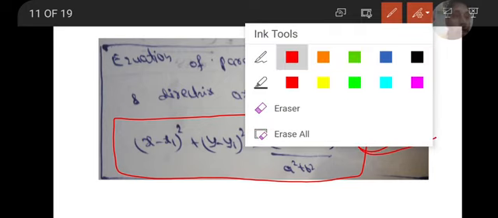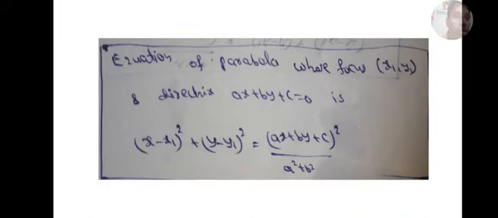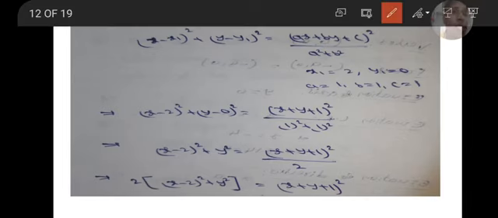What are the values? In the previous slide, x1 equal to 2, y1 equal to 0, and the a, b, c values are 1, 1, 1. Substitution. Here, x minus, what is the x1 value? 2. So (x minus 2) whole square, (y minus y1) whole square means (y minus 0) whole square, and a, b, c values are 1.